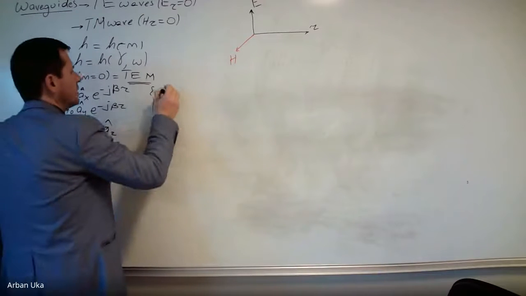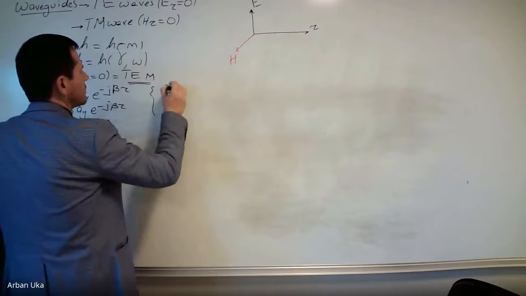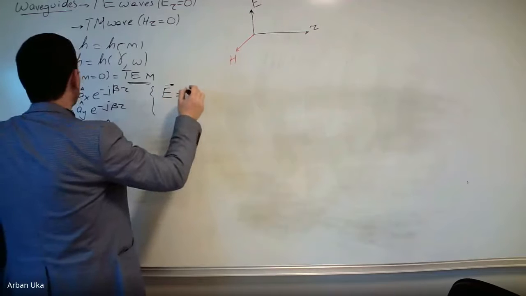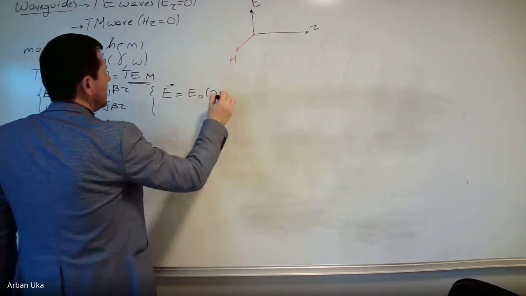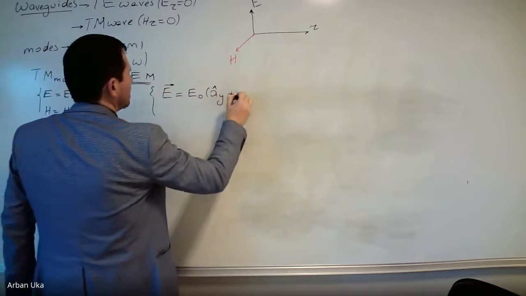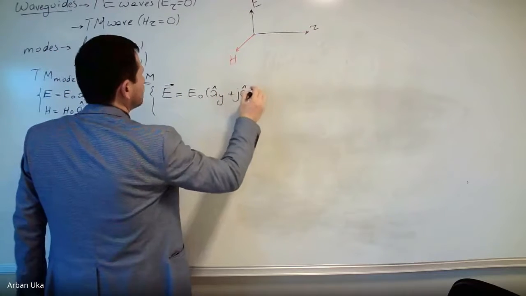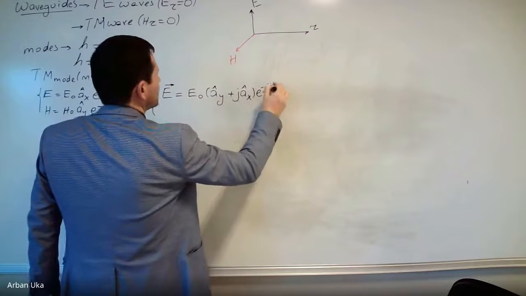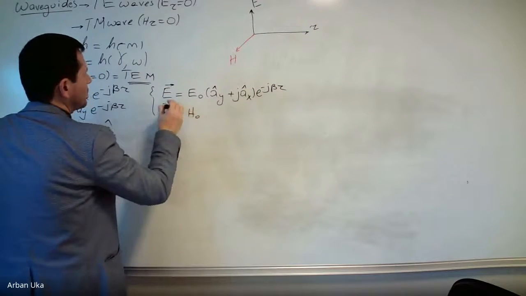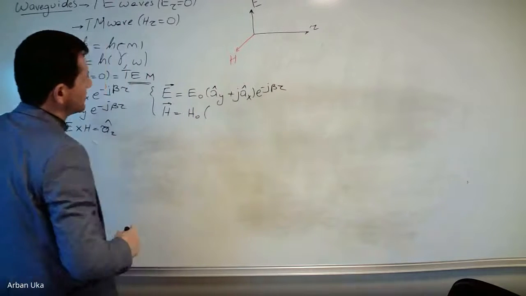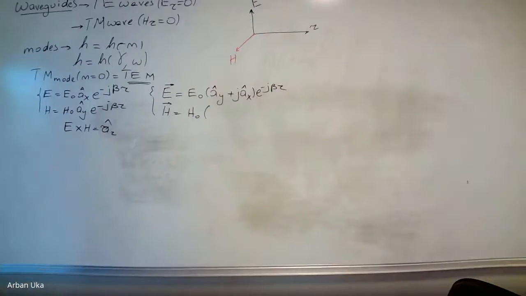A different way for the waves is this other possibility, where we can have E0 times (AY plus j AX) times e to the power minus j beta z. And what would be the H? H would be H0 times, so this is a little tricky. How to find these?